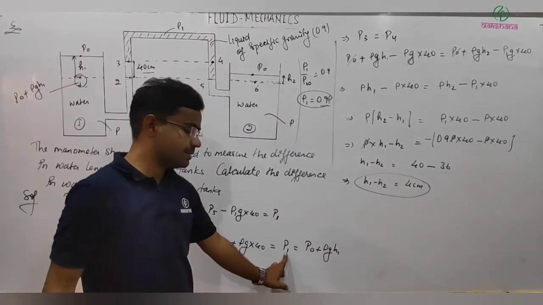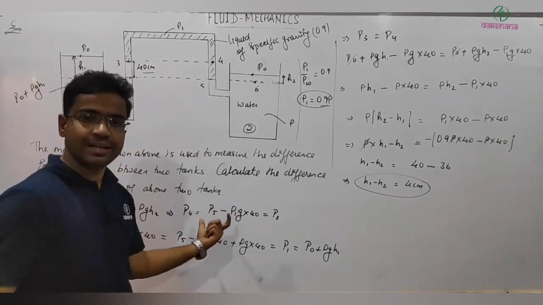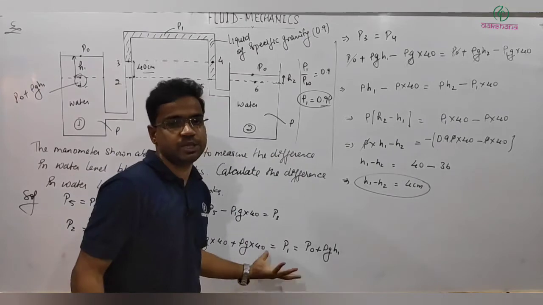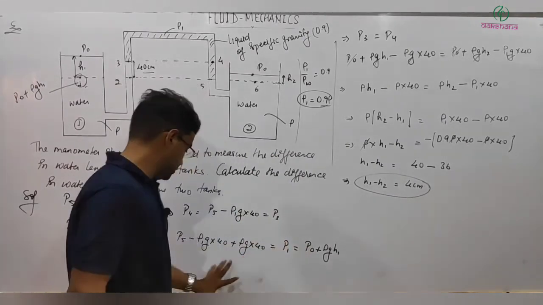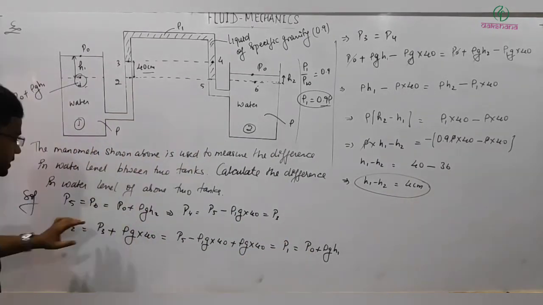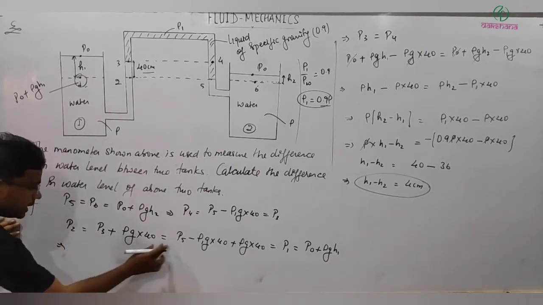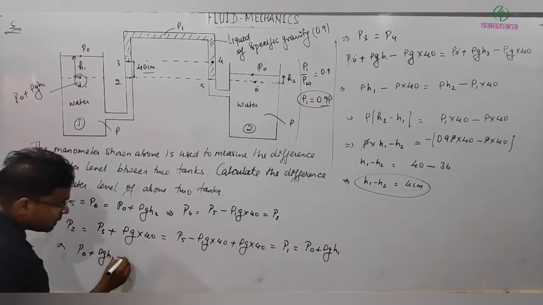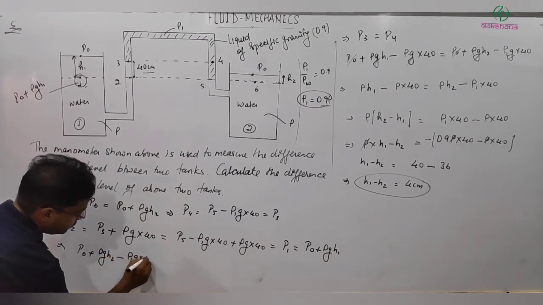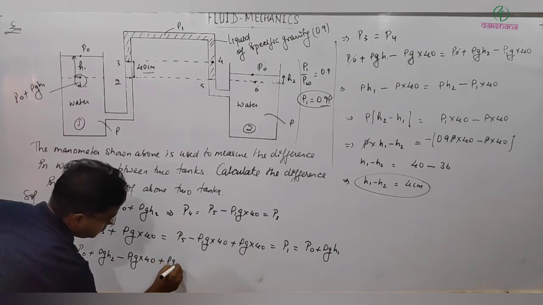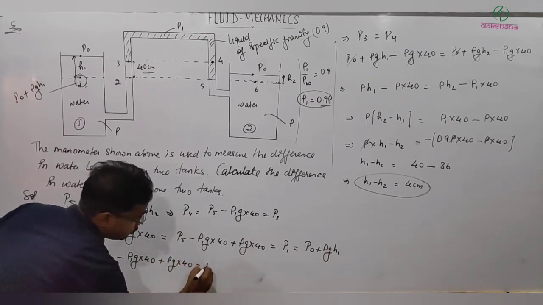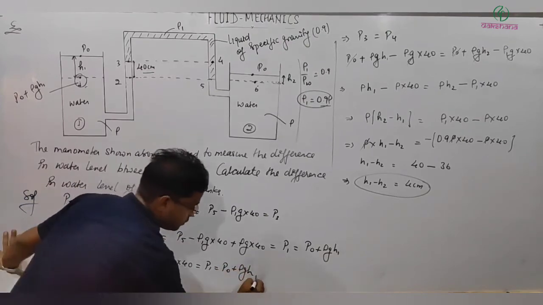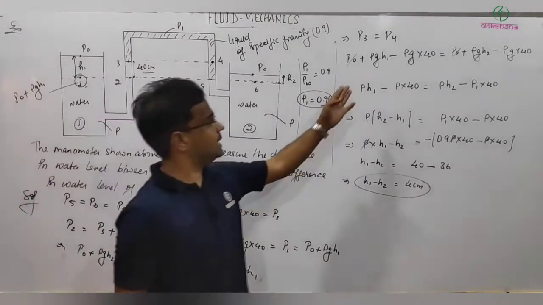Now I can directly write P1. It's just a different way, but the basic concept is exactly the same. It's just a different way of calculation. So in this situation, P5 you can substitute. So this implies P5 is P0 plus rho g H2 minus rho 1 g into 40 plus rho g into 40. This is equal to P1, equal to P0 plus rho g into H1. So this is also exactly the same relation.